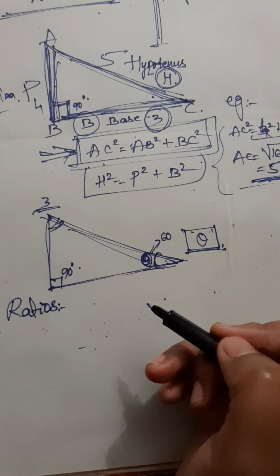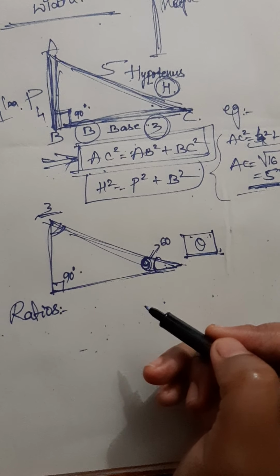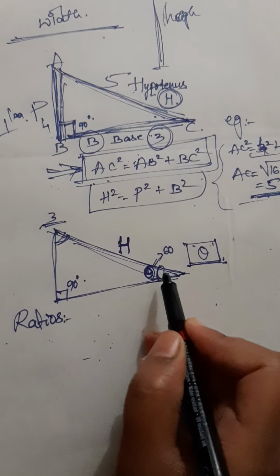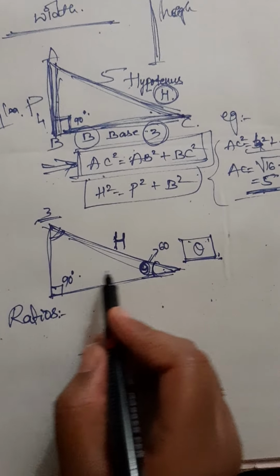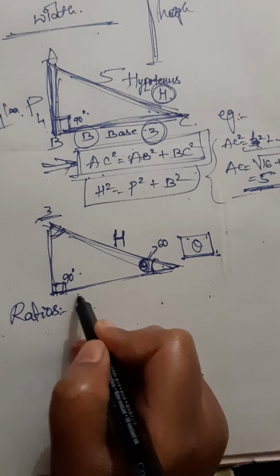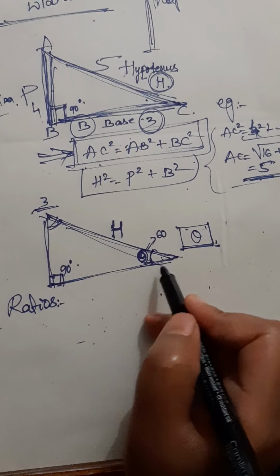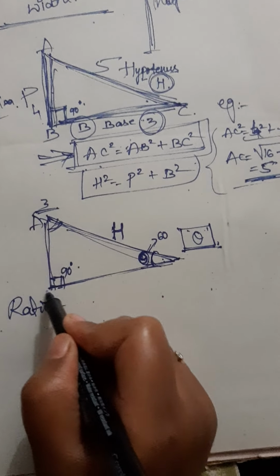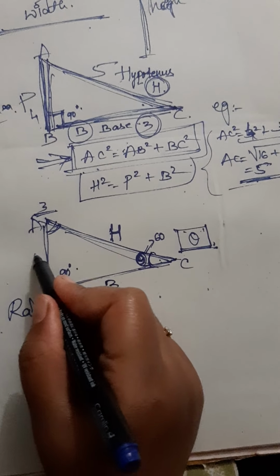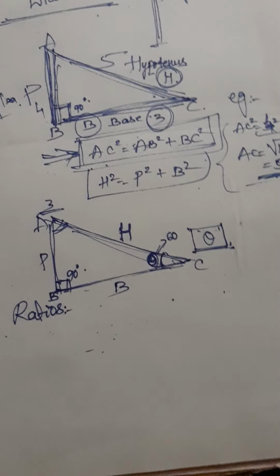As we know, the longer side, which is opposite to the right angle, is the hypotenuse. Then this side, which contains the 90 degree angle and the angle theta, you remember: this side BC, we remember A B C, is the base. What is AB then? This is P, the perpendicular. Do you all remember? Very nice.